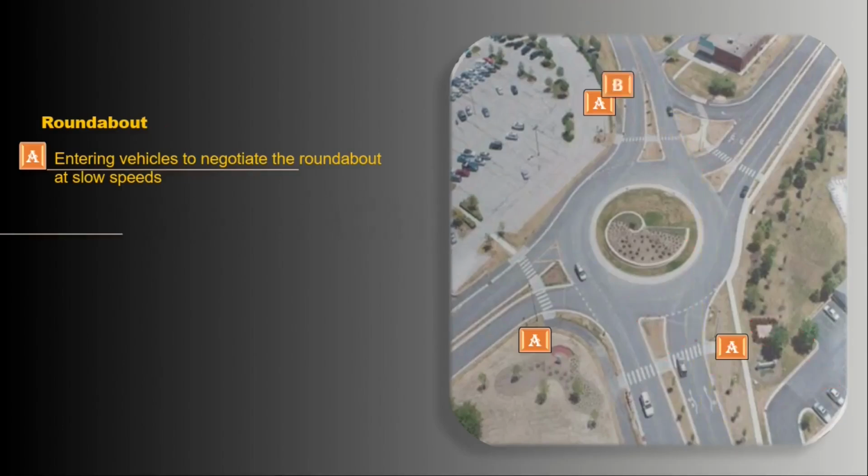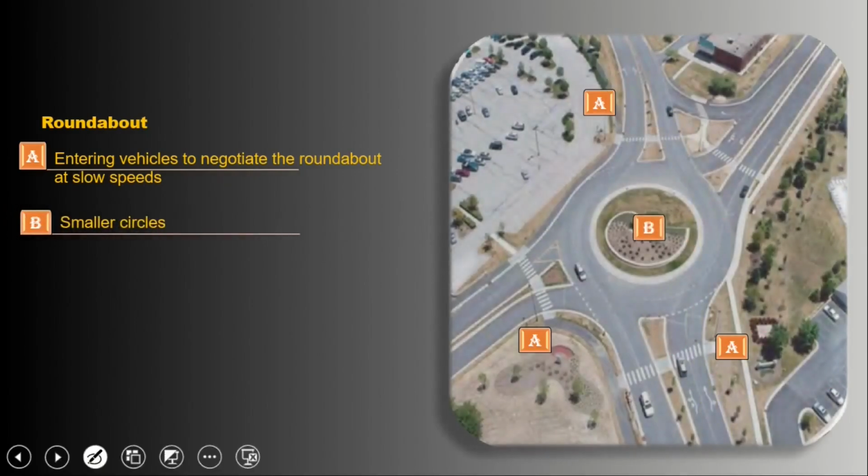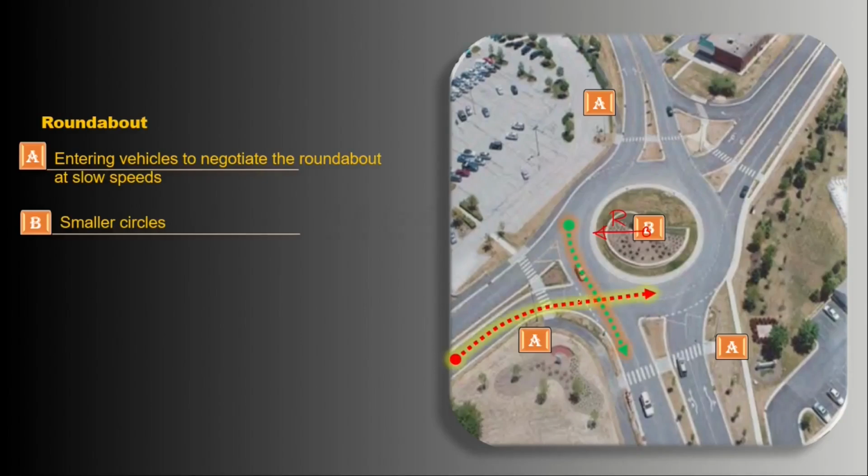All right, let's move on to the next feature. Unlike the rotaries, roundabouts have got small circles, and that's for two reasons. First, entering and circulating traffic cross rather than going through a weaving maneuver.